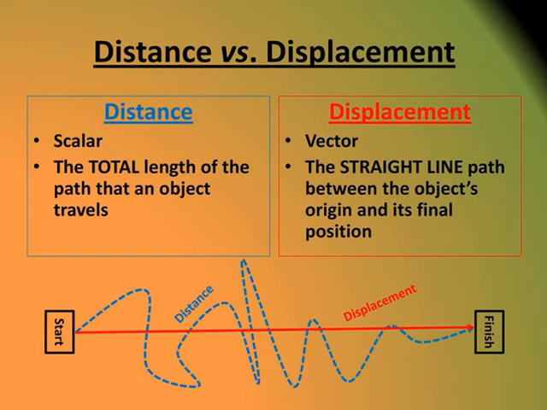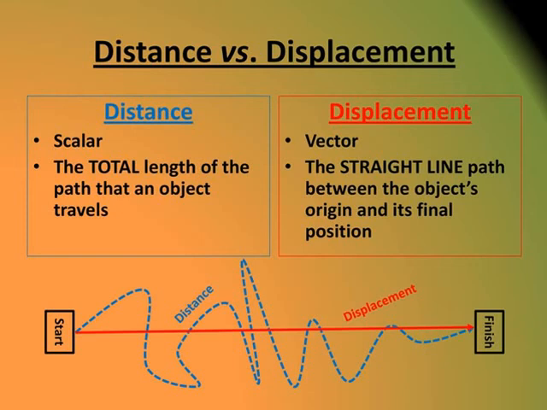For example, going to the definition, distance is the total length of a path that an object travels, or simply we can say it is the actual path between 2 points. Just like you see in the figure, this is a starting point and finishing point. So the actual curved path, the dotted path, which follows so many directions, is known as distance, and the directed path from start to finish, the straight red line, is displacement.